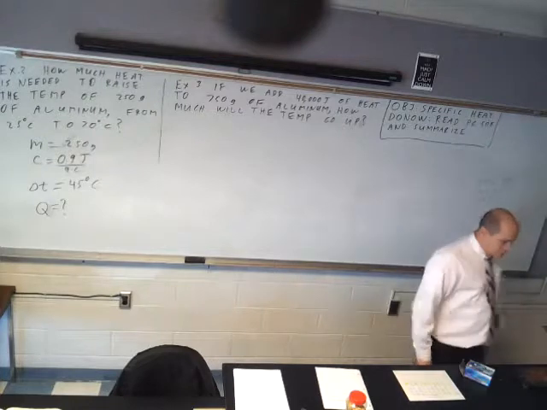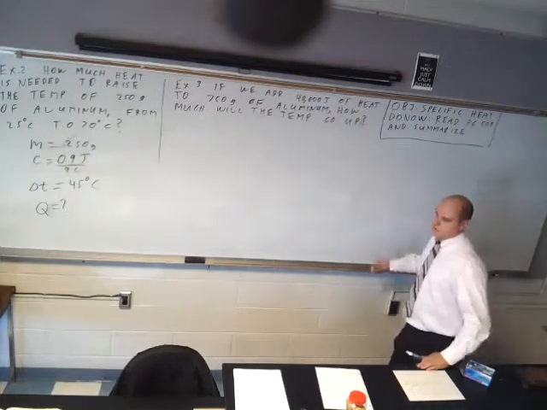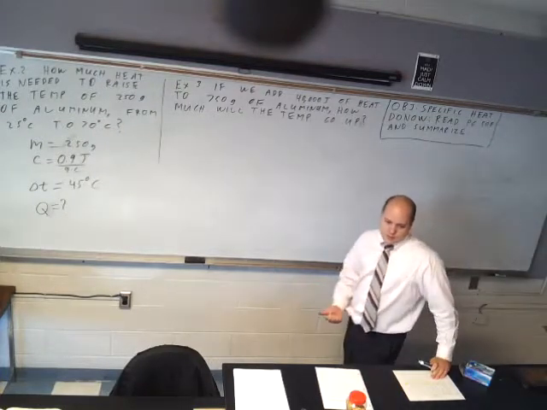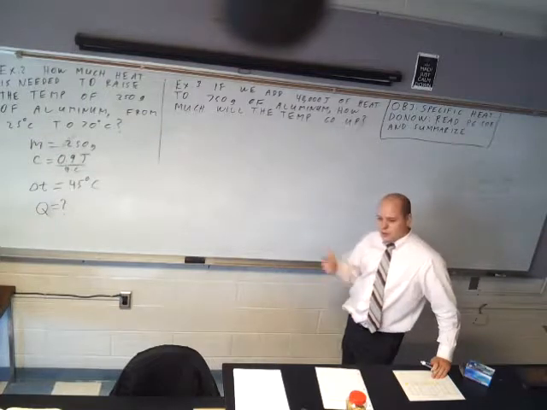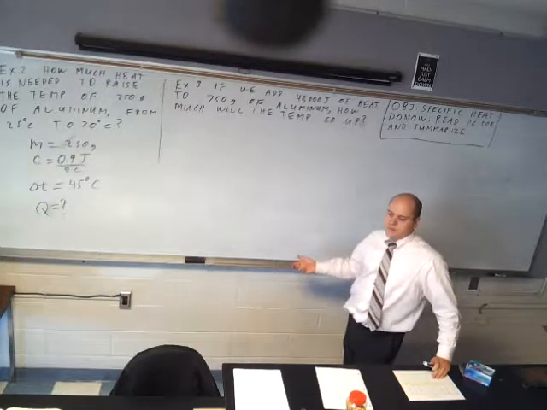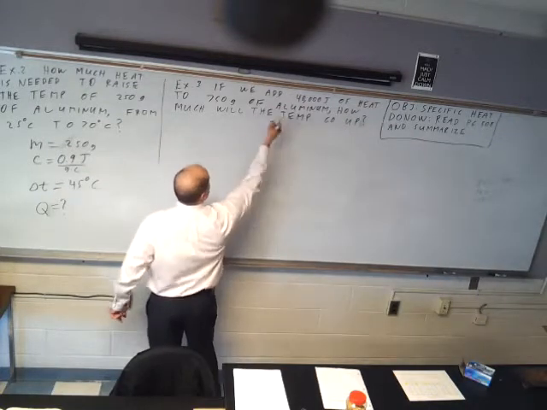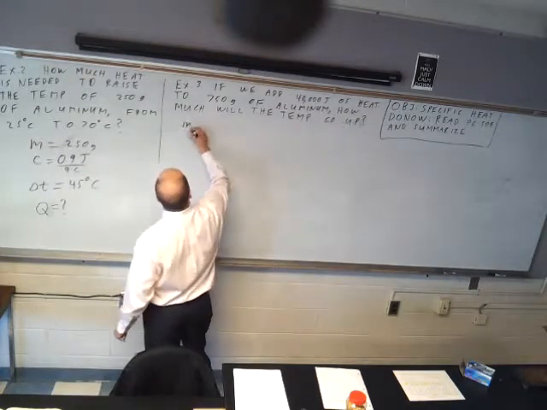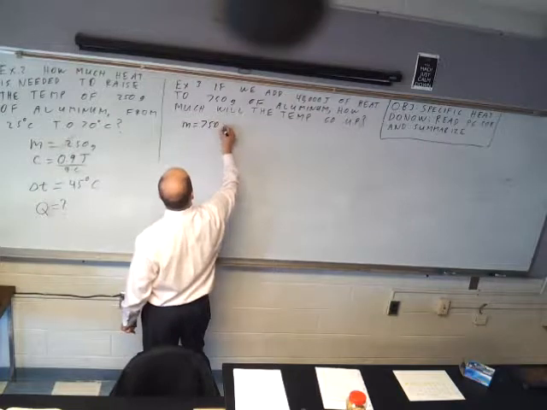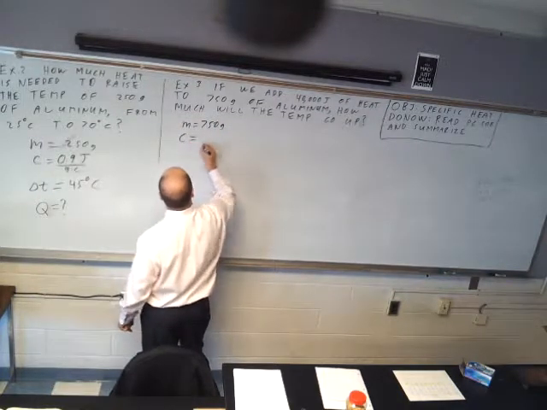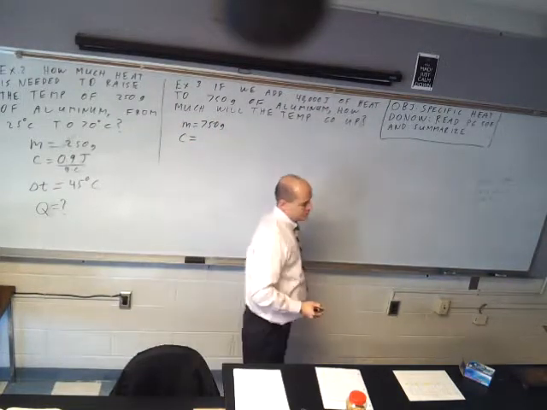Okay, so again, with every problem you do, there's basically 3 steps. List your givens, write the equation, and then if you have to, solve the equation. We didn't have to in the first 2 problems, here we go. So, mass, 750 grams. C is what? 0.9.